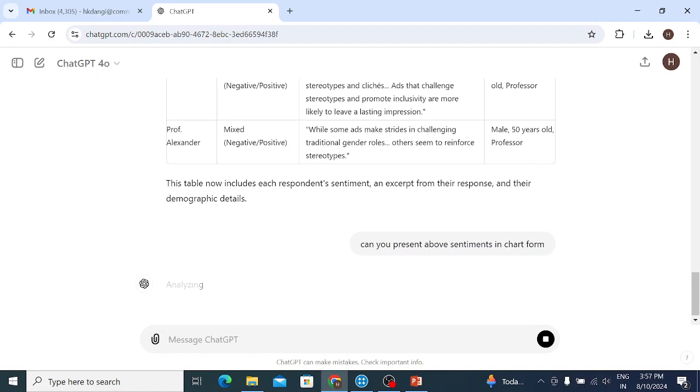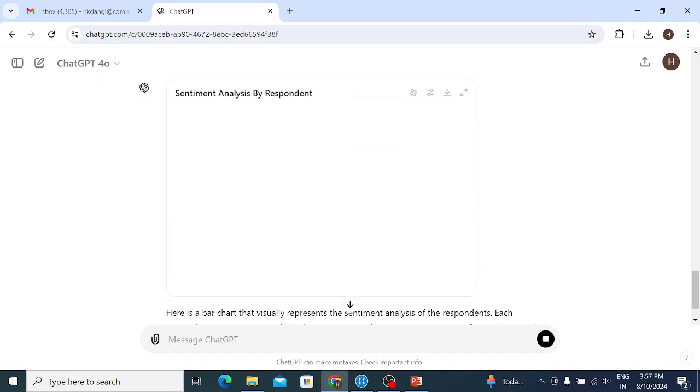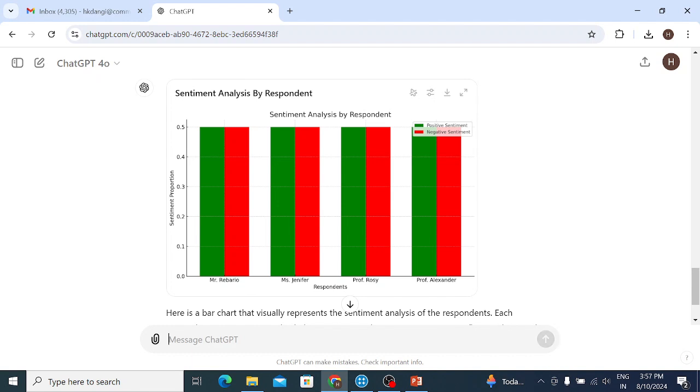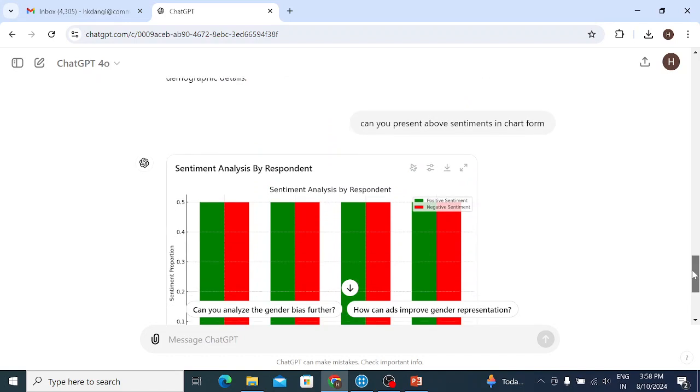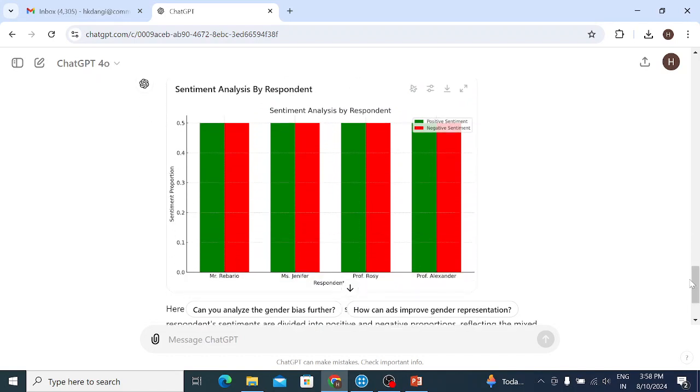We expect that there should be some visual representation the way we were doing it in NVivo, right? And then I expect the chart to be presented. Mr. Rebario, Miss Jennifer, Professor Roji, Professor Alexander, right? And then you got the one which is blue, green is a positive sentiment, and the one which is red is a negative sentiment, right? So you can do it like this also.